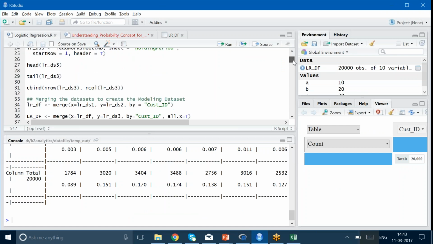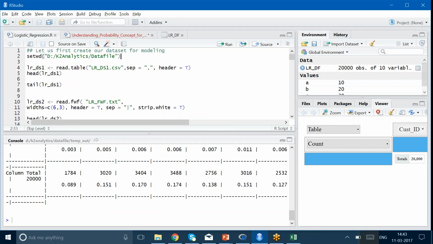Can you set your working directory path? The file lrdf.rdata, which I sent you in email today, download that file and put it in some appropriate folder. Once you have done that, set the folder path using setwd to the folder in which you have kept that R data file, lrdf.rdata.